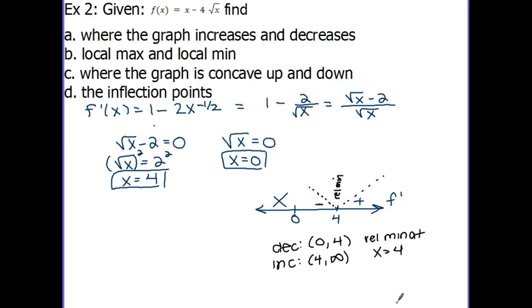And in order to find out what your y value is, you plug it back into the original. So that's f of 4, which would be 4 minus 4 square root of 4, or negative 4.